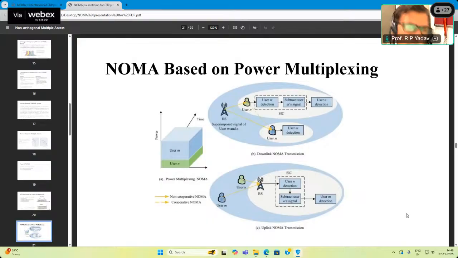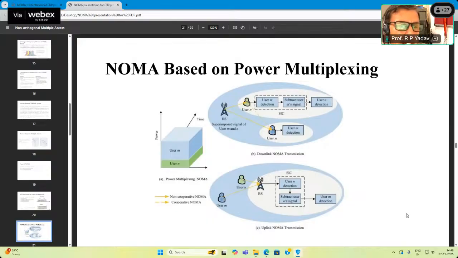In power multiplexing, the user n will first subtract the user m signal. That means a particular user will remove the interference, because user m's signal is interference for it.